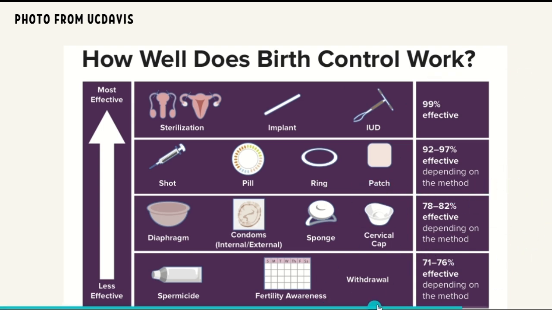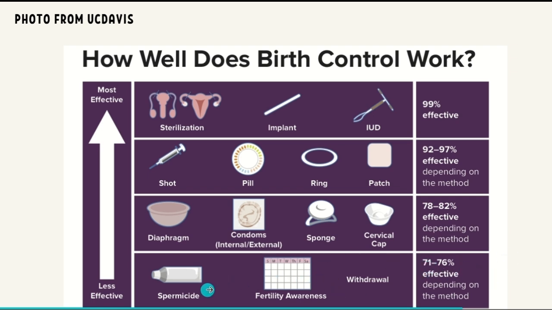These are the least effective: spermicide and fertility awareness, meaning that you would track the cycle to be aware of when you're ovulating, because that's the time when they're most likely to get pregnant, right?